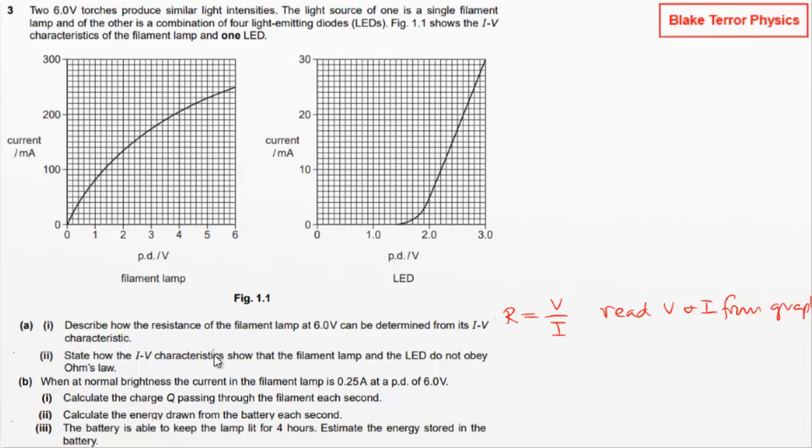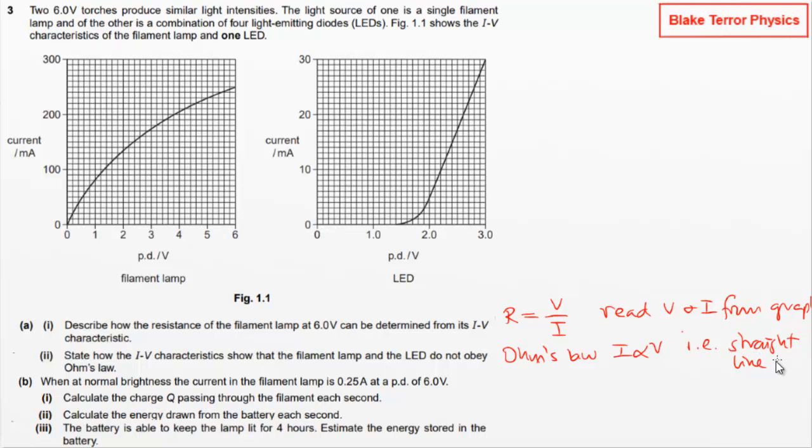Right, so state how the IV characteristics show that the filament lamp and the LED do not obey Ohm's law. Well, for Ohm's law, remember that's saying that we've got a constant resistance. So for Ohm's law, we'd have I is proportional to V, i.e. straight lines.